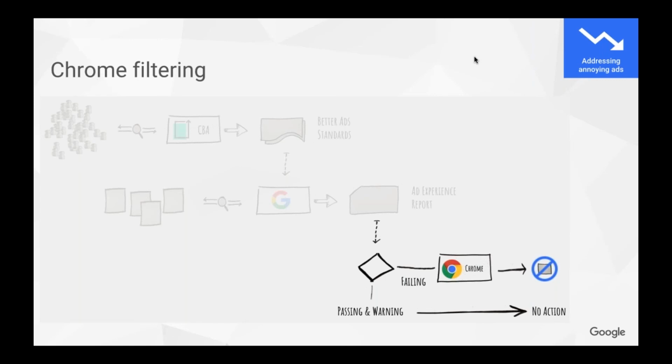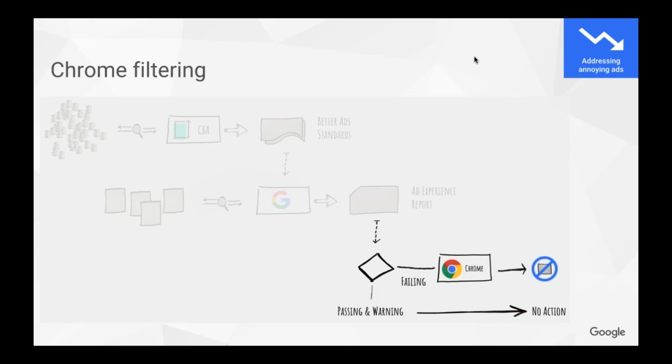So it's something publishers can react to, and we've seen a lot of publishers react, but there is a subset that we anticipated would not make those changes. For that subset, the less than 0.4% of publishers that have been told and found to be non-compliant and intentionally maintain that, that's where Chrome filtering kicks in.